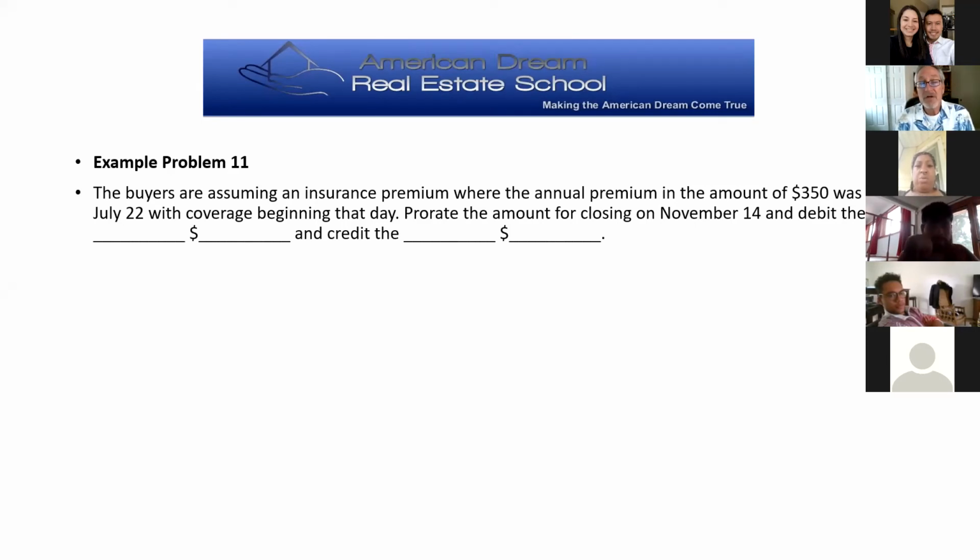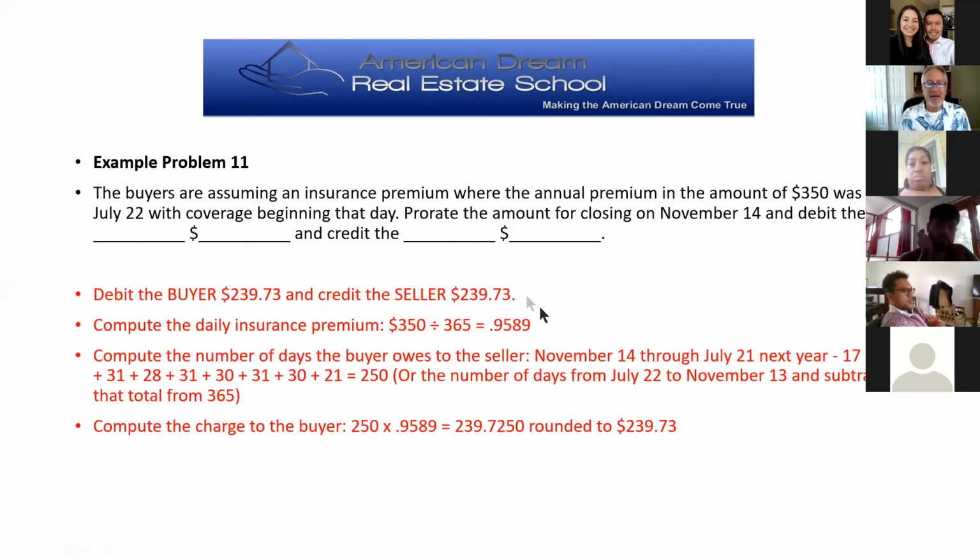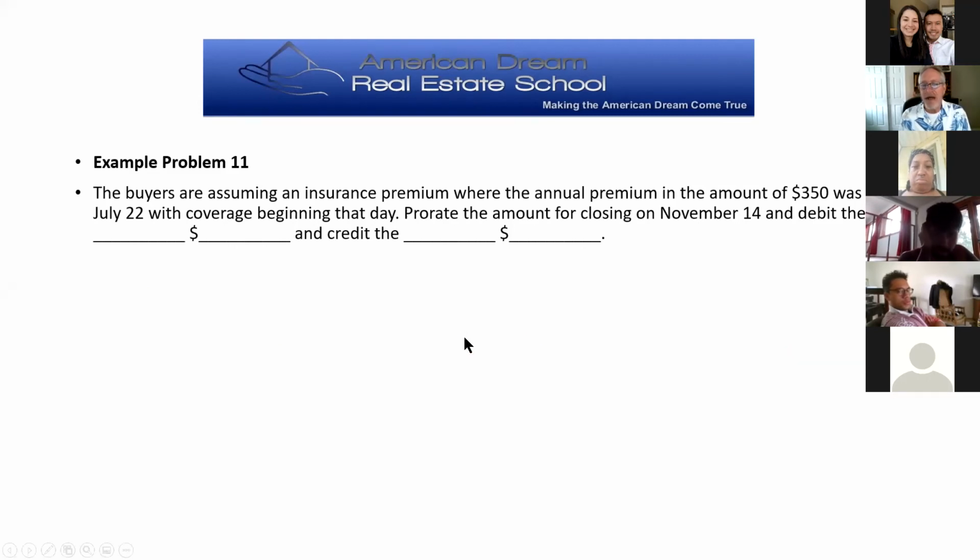Okay, so insurance is always an annual premium. It goes for 12 months. 350 is the annual premium, and I want to get my daily rate. I can just take 350 and divide it by 365 right away, because it's not telling me I'm using a 360-day calendar year.